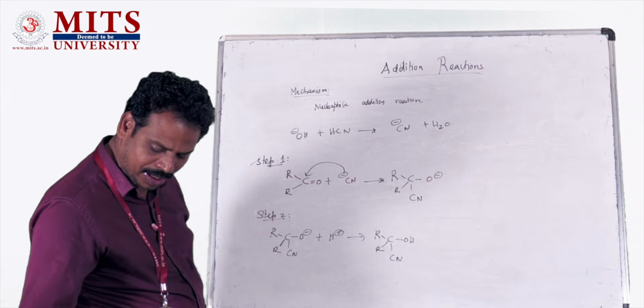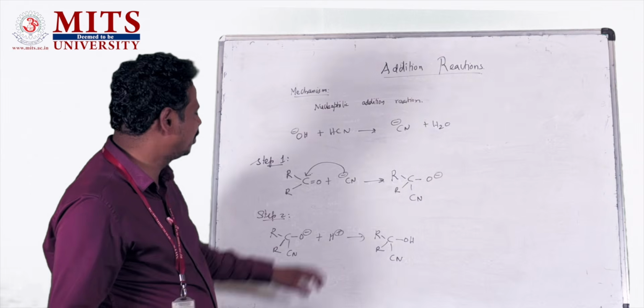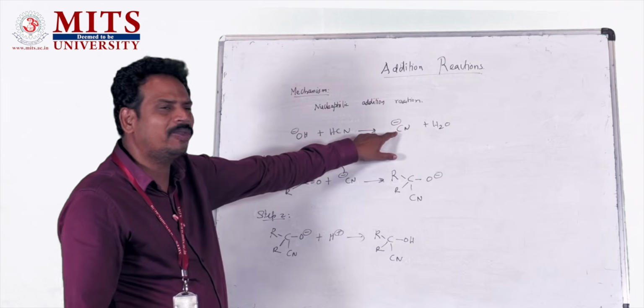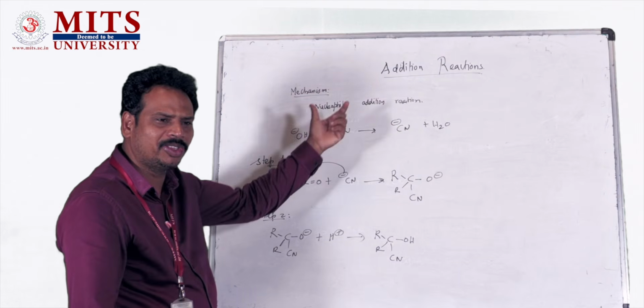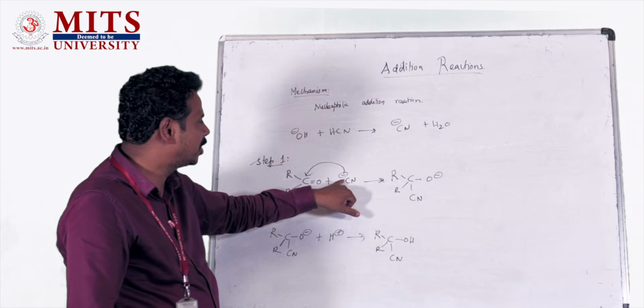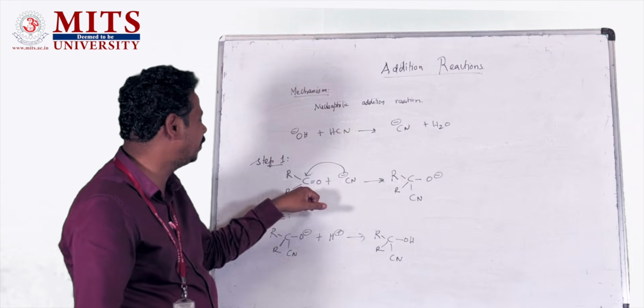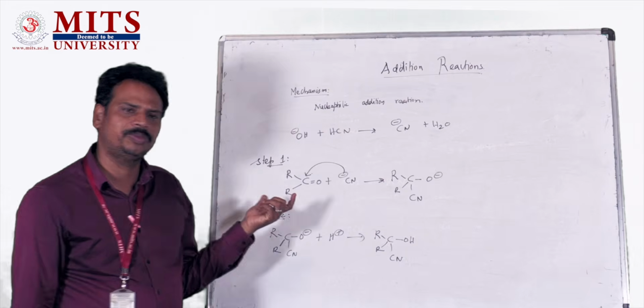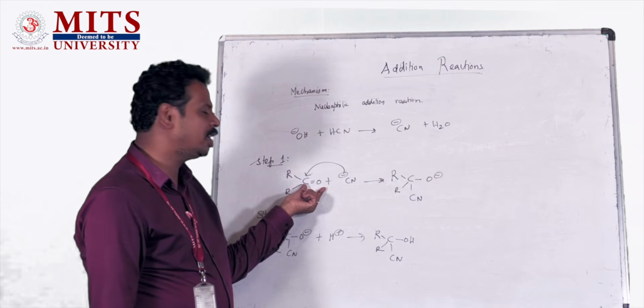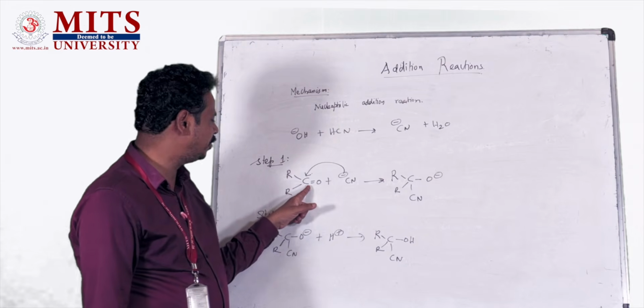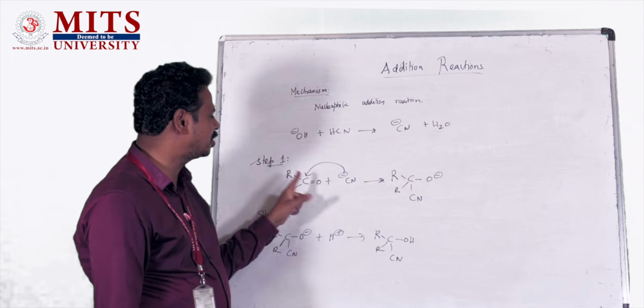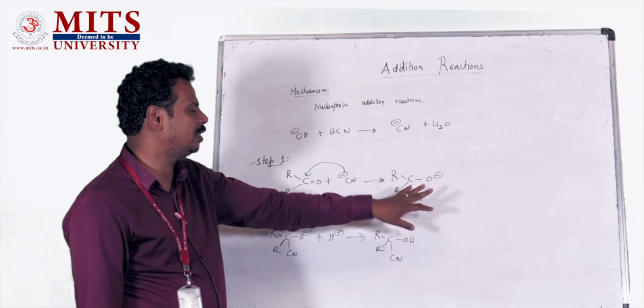And the first step is, once this nucleophile is generated with the help of the base, the nucleophile starts to react with the ketone. Here the C double bond O of the ketone, the carbon is electron deficient. Then this nucleophile attacks the carbon and you will obtain this product.